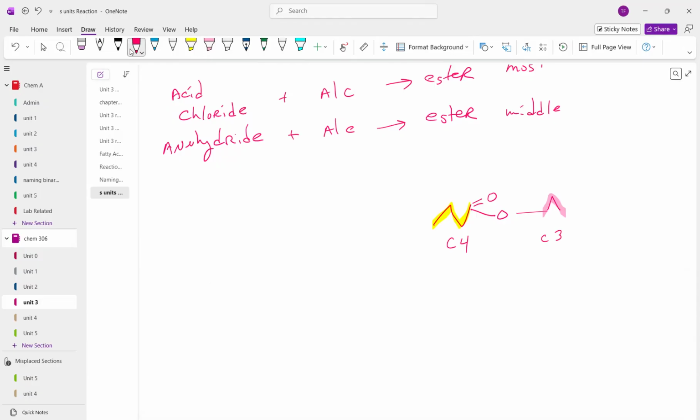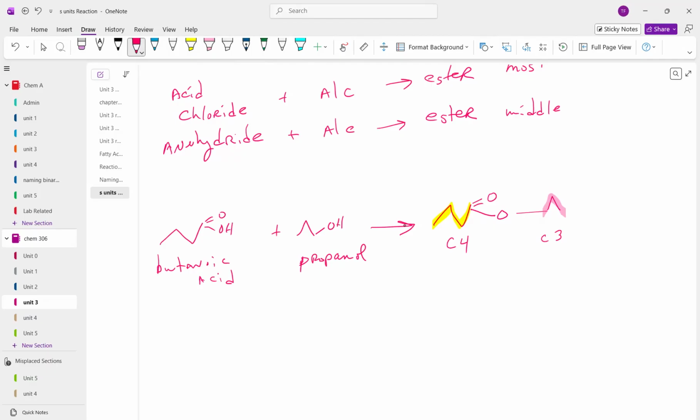And we're going to make it 3 different ways. So we need to start with butanoic acid plus propanol, a 3-carbon alcohol.